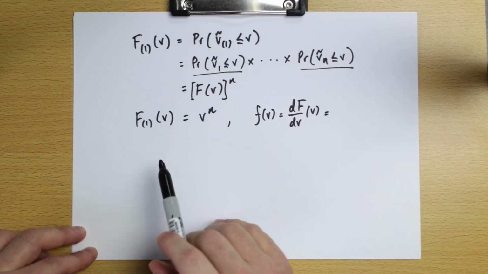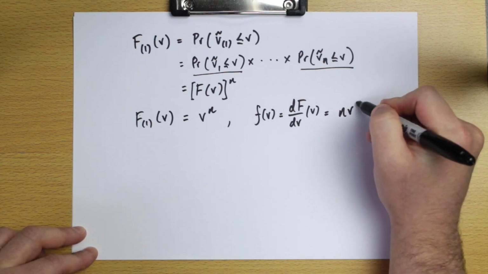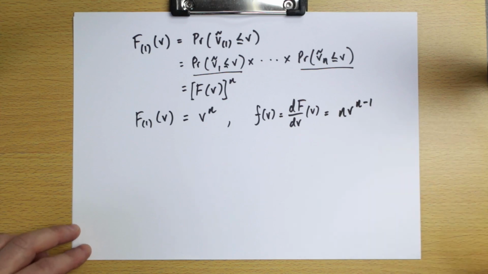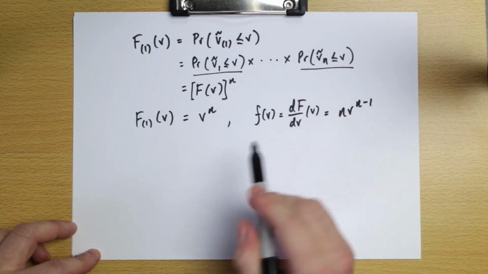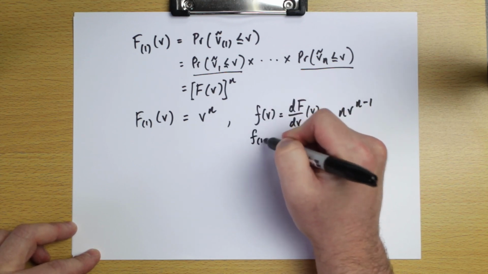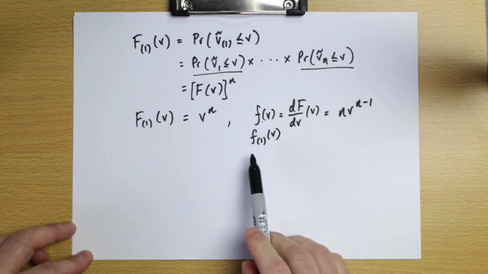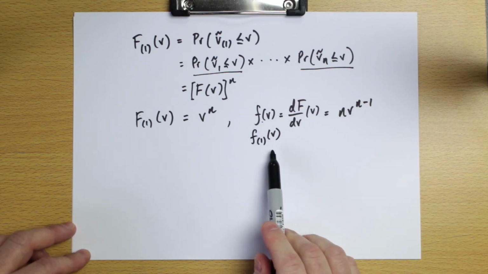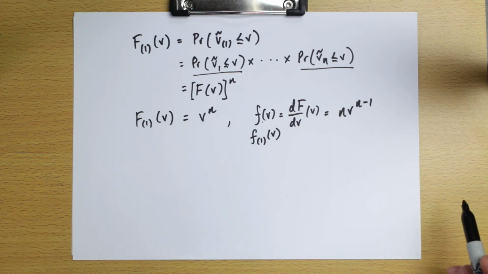So this would be n times v to the power n minus 1. Okay. So now I've calculated, apologies, this should have an f1 of v. I can't quite fit it in. So this is the density function of our first order statistic. This is the distribution function for our first order statistic.